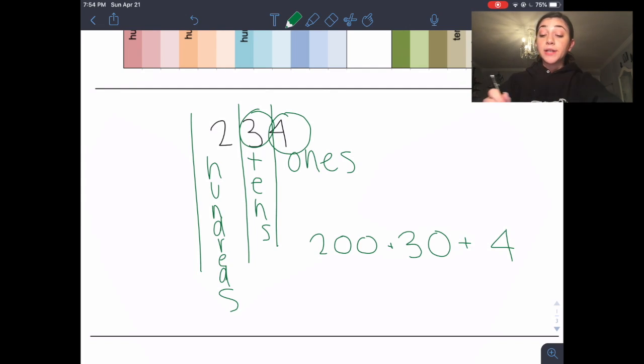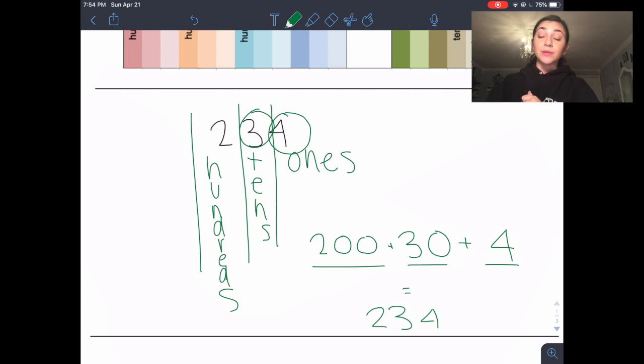So what I was doing was, if 2 is in the hundreds place, it's 2 times 100, 200. 3 is in the tens place, it's 3 times 10, 30. And 4 is in the ones, 4 times 1 is 4. And we are going to add all of these together to get 234, and that is where those place values come from and what they mean.